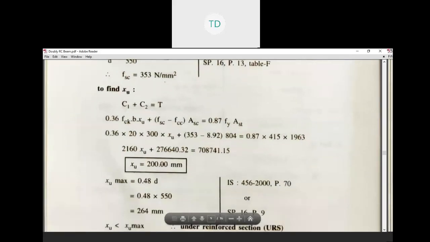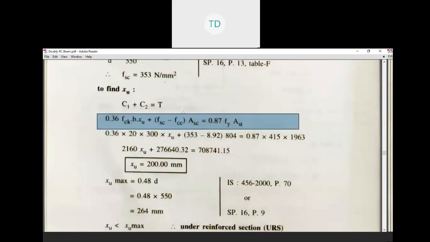Now to find the moment of resistance, we need to find some data like xu. For that, we have the equation C1 plus C2 is equal to T. We know the values of C1 plus C2 and also T. Putting those values in this equation, we get 0.36 fck b xu plus (fsc minus fcc) into Asc is equal to 0.87 fy into Ast.